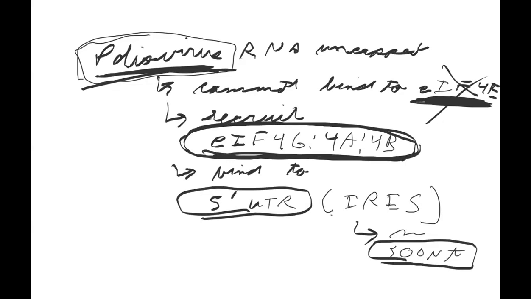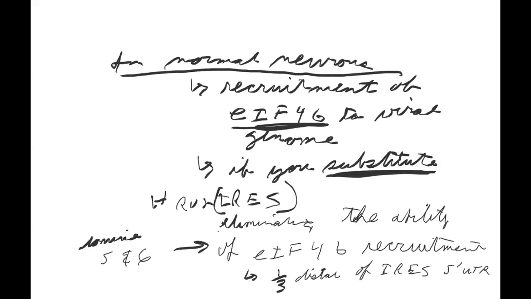Okay, now, in normal neurons, we have a recruitment of the EIF4G to a viral genome.